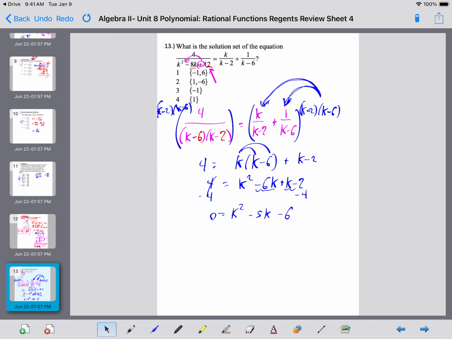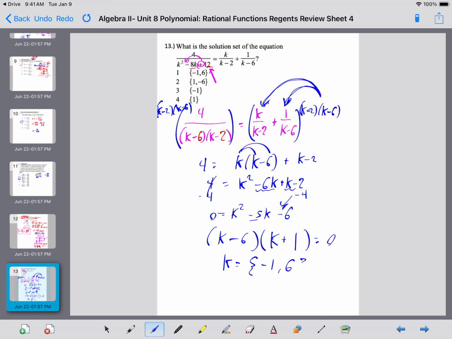We could probably factor this, otherwise you'd have to use quadratic formula. There's a negative sign, so it means different signs. K minus k plus, with factors of 6 that would subtract to negative 5. It would be 1 and 6, right? So negative 6, positive 1, because we want it to be negative 5. And your two zeros would be negative 1 and positive 6.